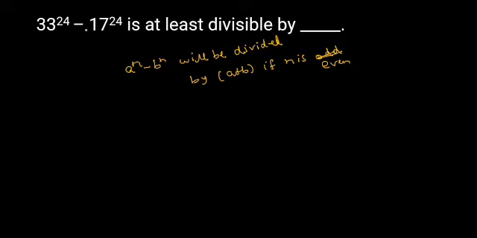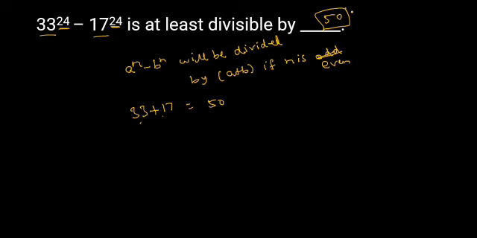Now see here, n is even, 24 is even. Now what is a? A is 33, b is 17. So 33 plus 17 is equal to 50. Now 33 to the power of 24 minus 17 to the power of 24 is least divisible by 50. So the answer is 50 here.